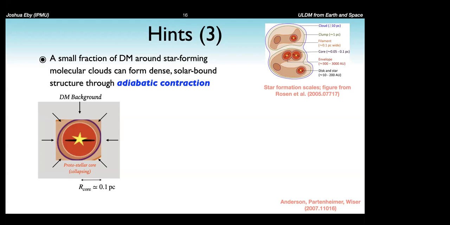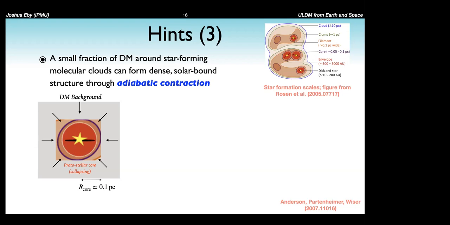So imagine that at early times, before the Sun ever formed, you have a molecular cloud, and this molecular cloud has many star-forming cores that will eventually collapse to form stars, and one of those will be our Sun. If you have a very, very small fraction of dark matter that becomes bound to these cores as they're collapsing, then the collapsing baryons will gravitationally pull the dark matter with them.